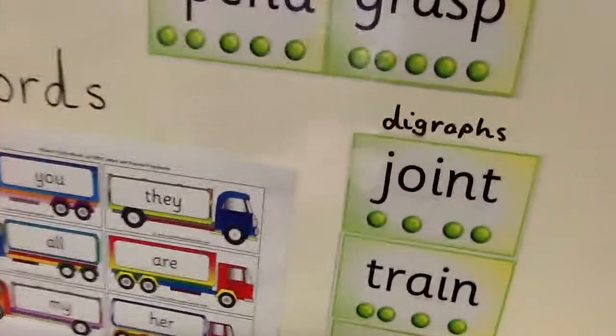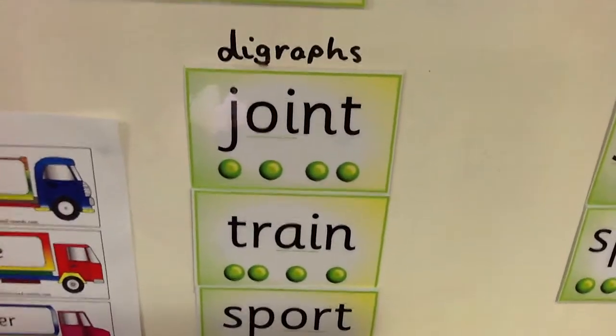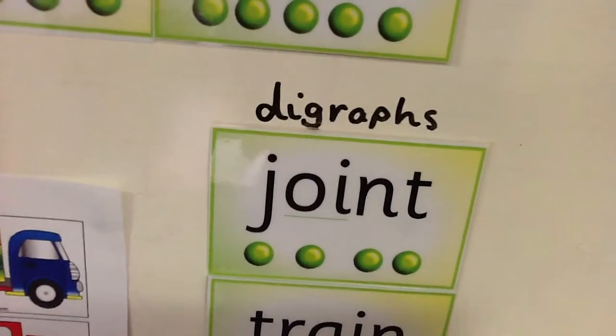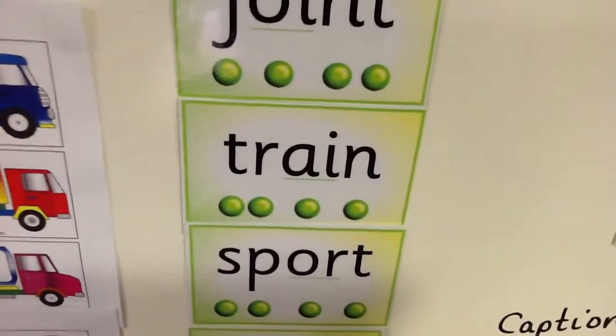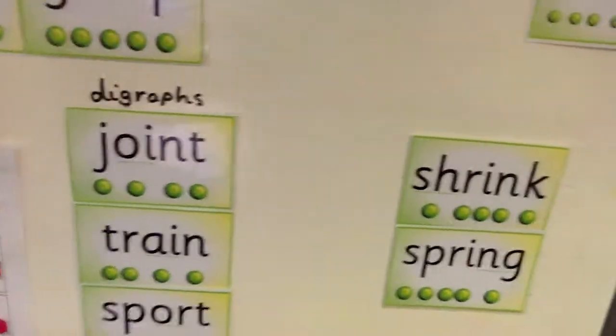Then you've also got words which include some of the digraphs that they've learnt, such as using the oi sound, joint, or train, train, sport. And you can start to see how those sounds are building up their bank of knowledge to help them read and to spell.